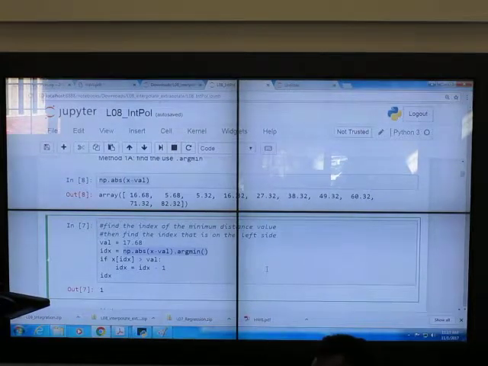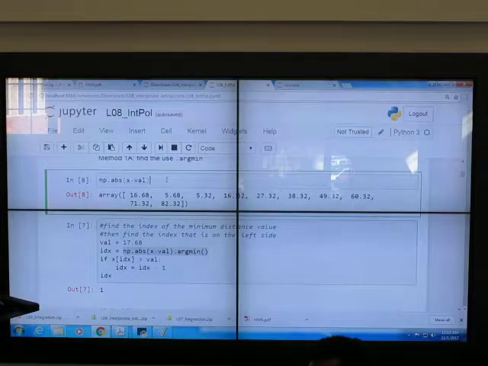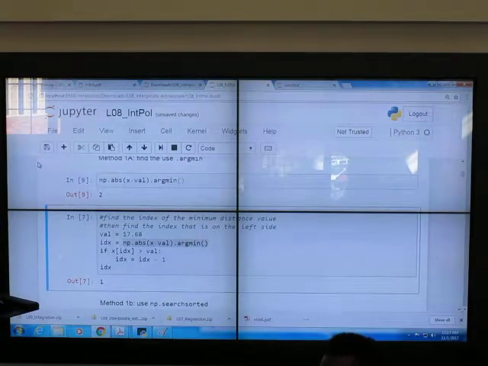Open the IPython notebook. Run just that line and tell me what that is. I get 2. When I run just that line, absolute value of x minus 22 or minus 17.68 dot argmin, I get 2.